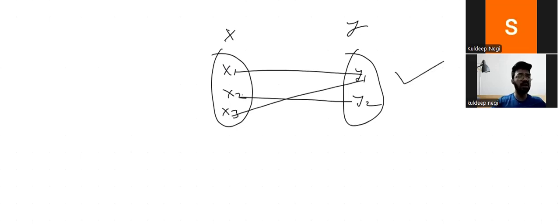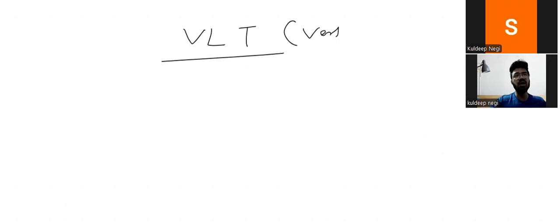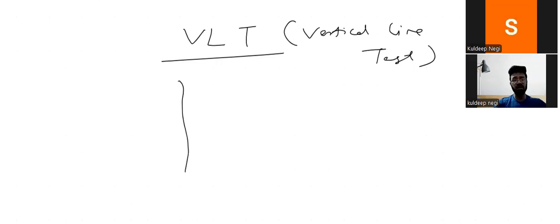Second thing is the VLT test. VLT test is vertical line test. This test is useful in identifying whether the given graph is of a function or not. So what you have to do is draw a vertical line on a given graph.